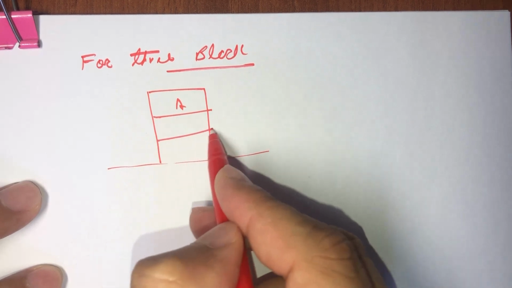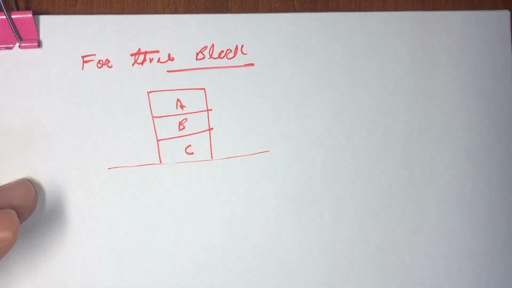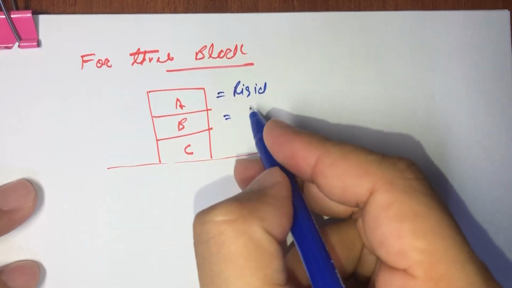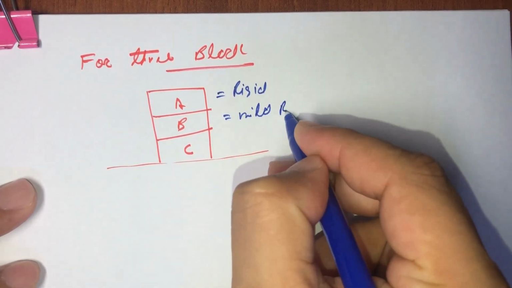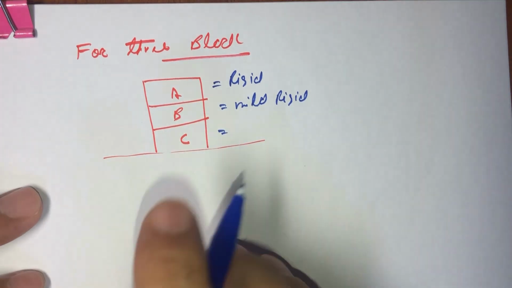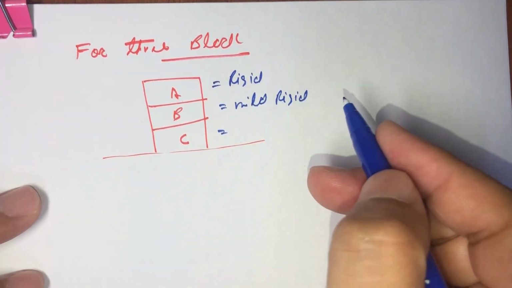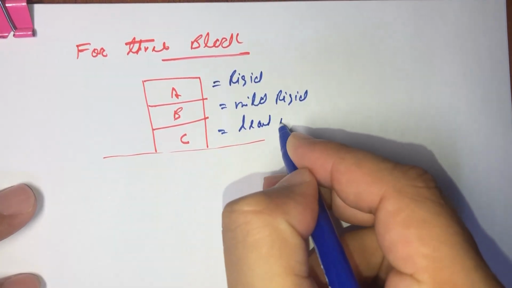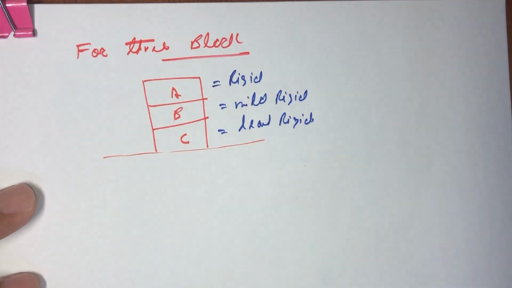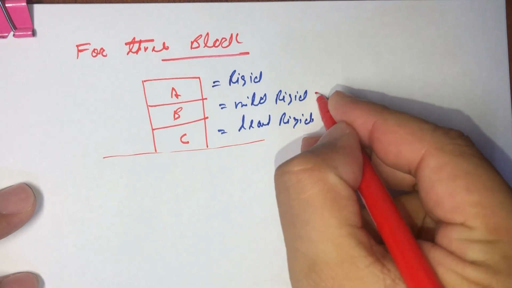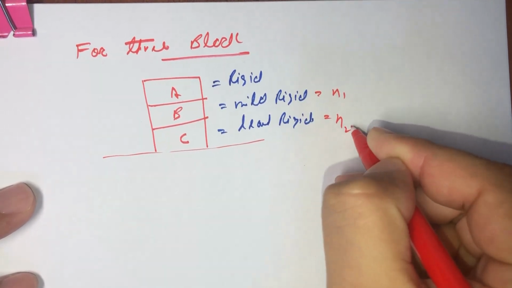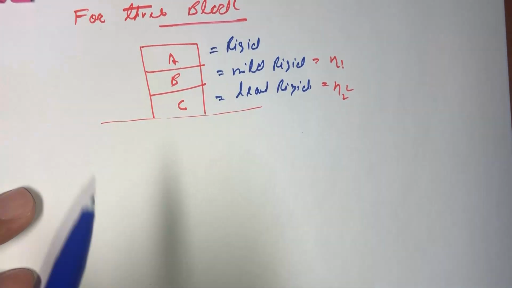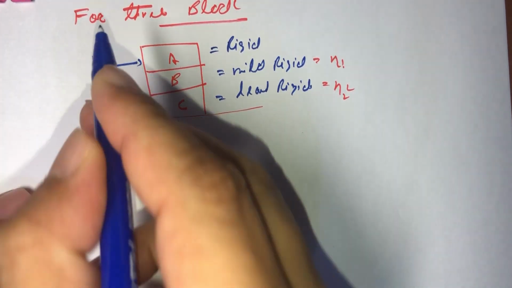This is A, this is B, and this is C, and we assume that A is rigid, B is moderately rigid, and C is the least rigid. For B we have η1, and for C we have η2, and force is being applied once again on block A, which is given as F.